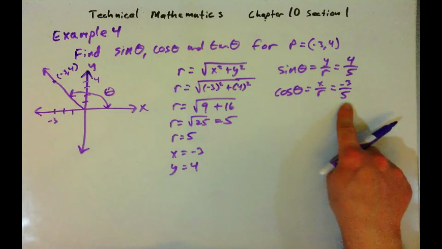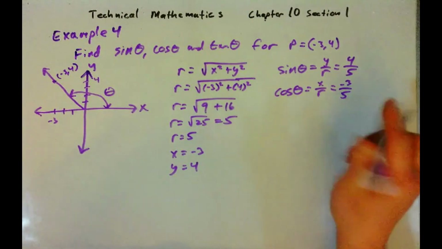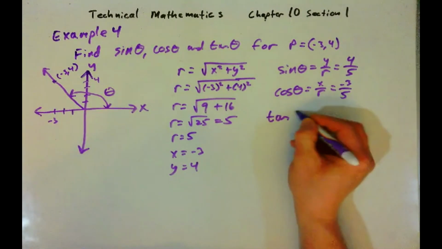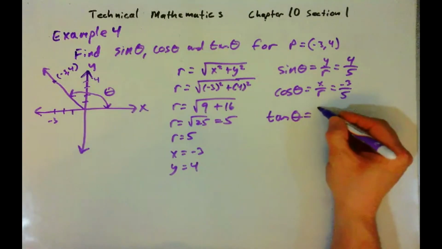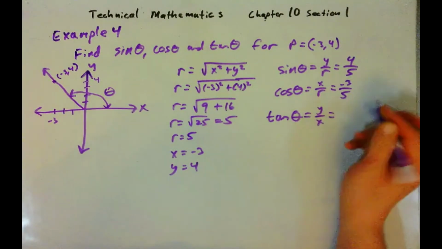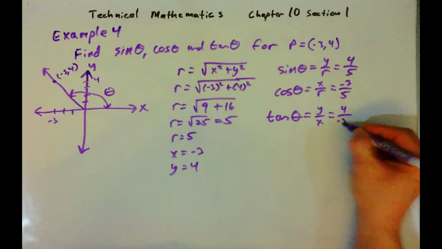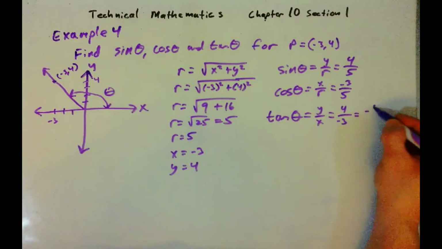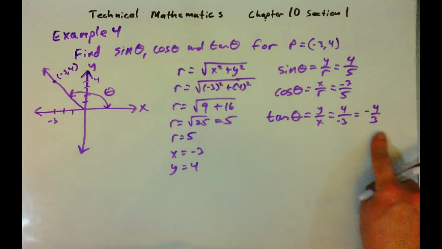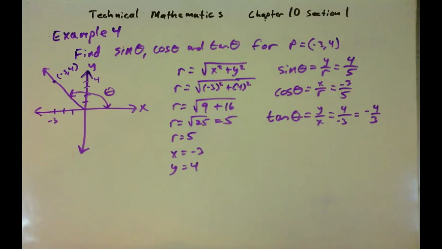And so whatever angle theta is, the cosine will be -3/5. And finally the tangent of theta, which will be y over x. Y is 4. X is -3. And so usually we like to have the negative in the numerator rather than the denominator. The tangent of this angle will be -4/3.